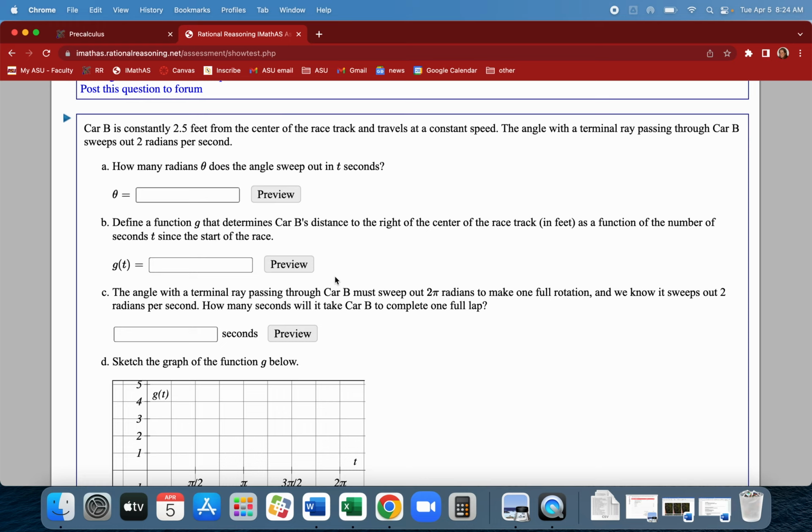So like after 1 second, 2 seconds, 3 seconds, how far have we gone around this circle?